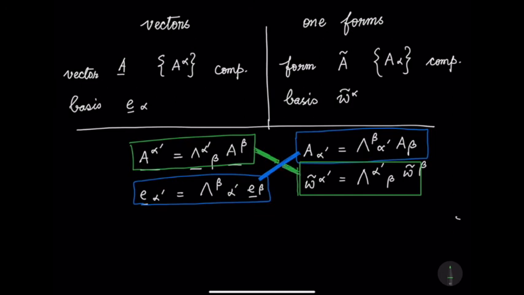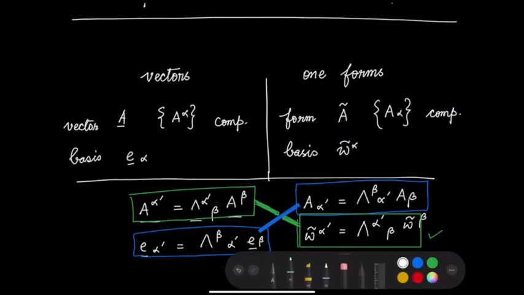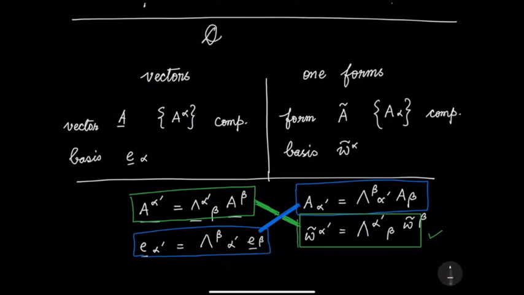And what are these? This is the unit or the basis 1 forms with the vector components. Okay. So it looks like there is a kind of duality between the description of a vector and the description of 1 forms.